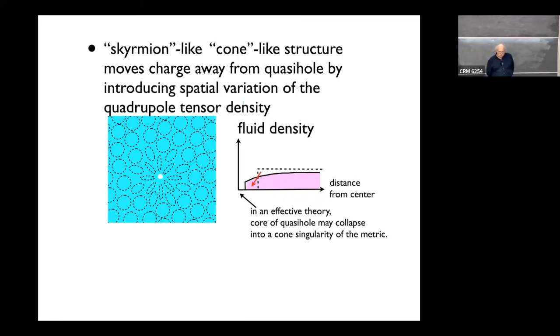So if you make the simple Chern-Simons theory approach, all that charge is concentrated at a point. But of course, as we know in a dielectric, you want to polarize, so you can lower the Coulomb energy by spreading the charge away from the point charge.